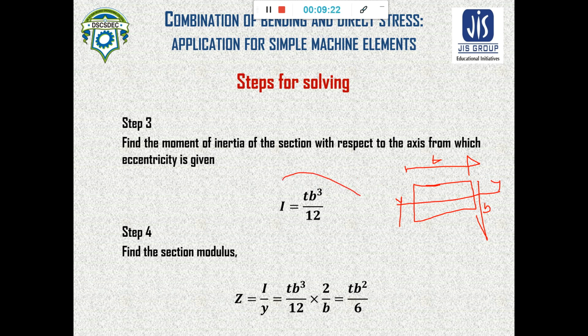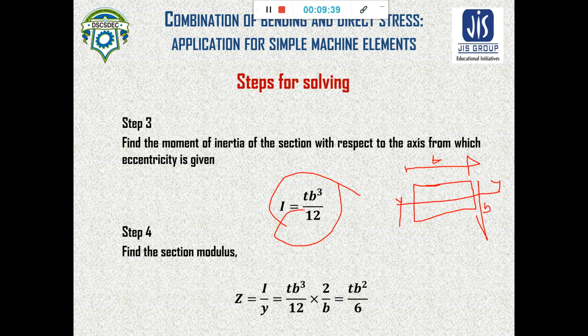This value will be T B cube by 12, and this value was derived earlier and we have discussed it at length, so it is not important to discuss here.